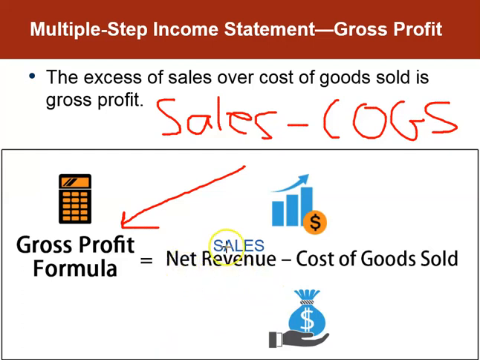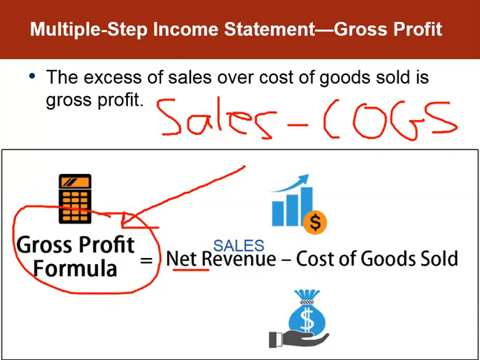We have net sales revenue. They're saying net here because we have to understand that we may have some returns or some allowances of some type. So we're going to take our net sales revenue and subtract cost of goods sold as an expense, and that's going to give us gross profit.